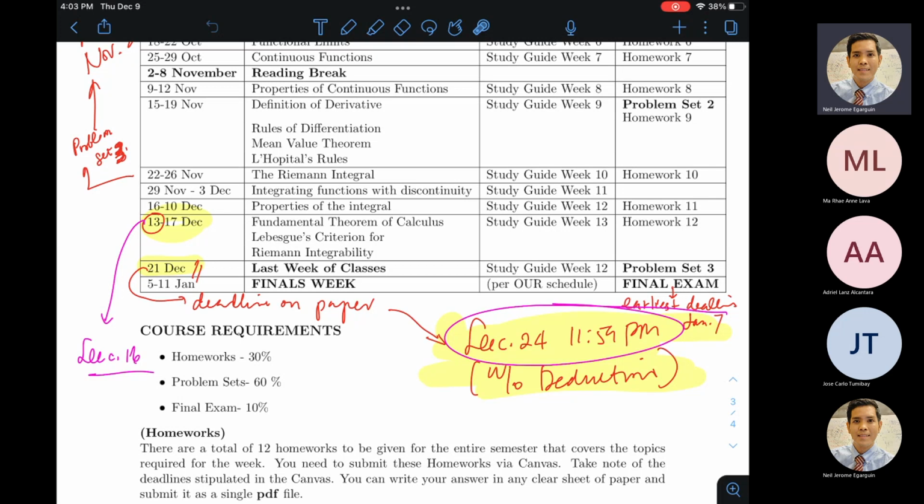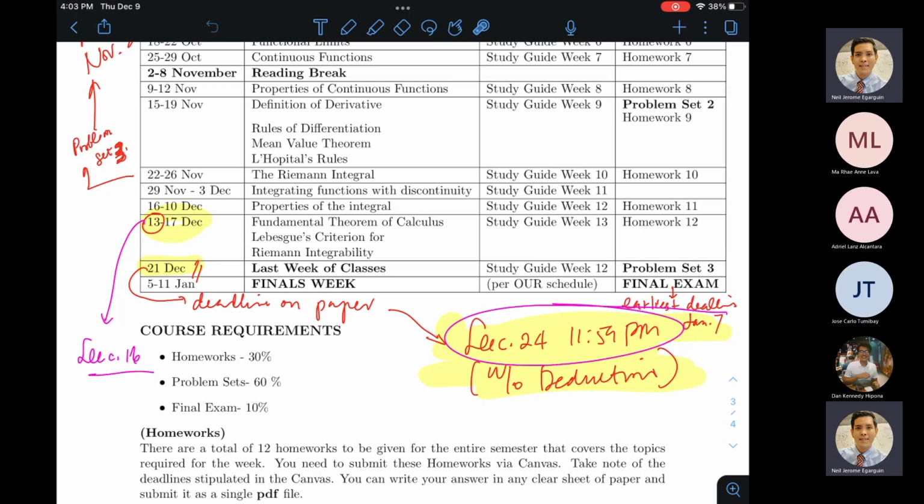Before we start today's discussion, just housekeeping matters. Tama nga ba? I promised to give you the last problem set for the course on December 16. Siya yung huli ko nakita rito sa course guide natin. And then it will be due on December 24, right before midnight. But of course, if you don't want to work beyond the last day of classes, which is on the 21st, pwede nyo namang ipasa siya by December 21.